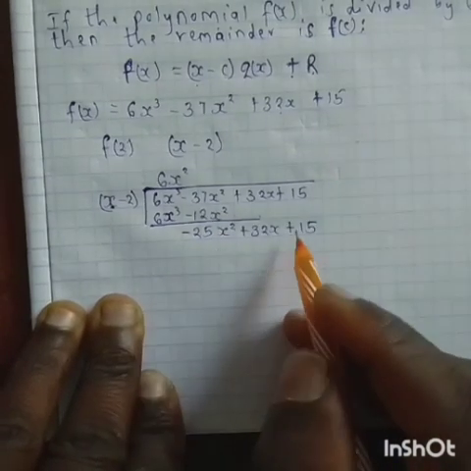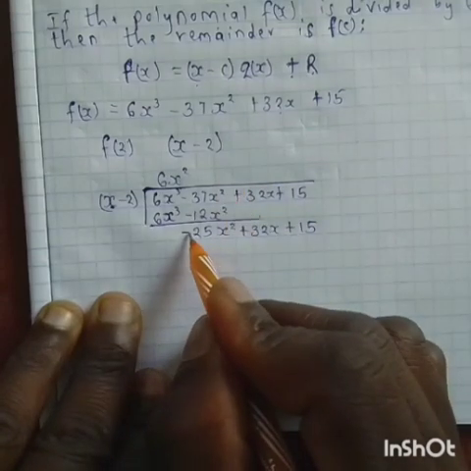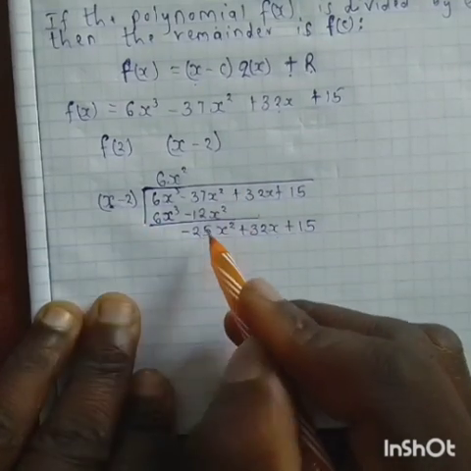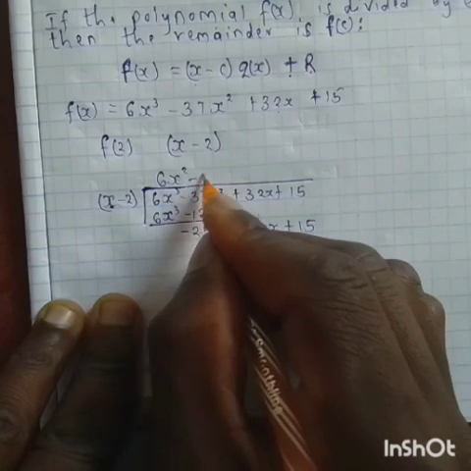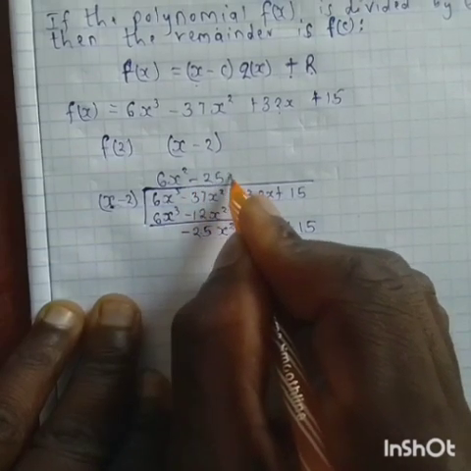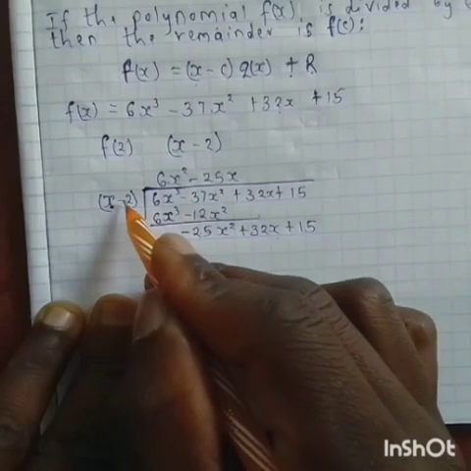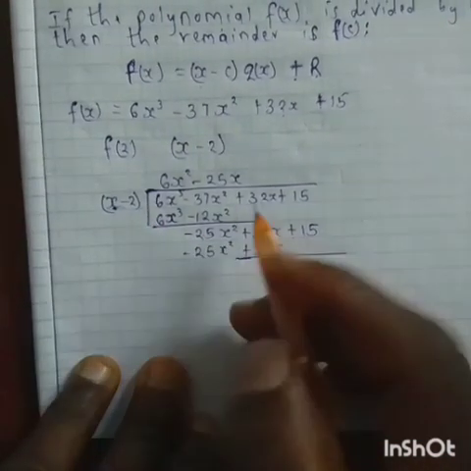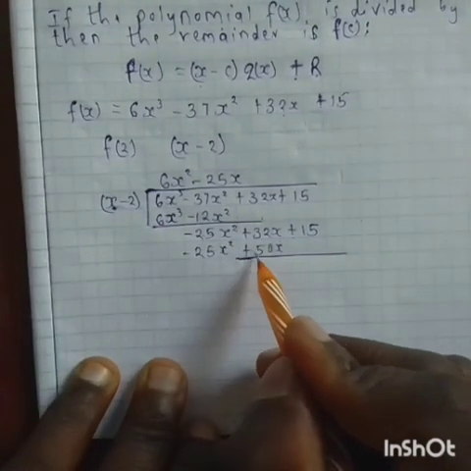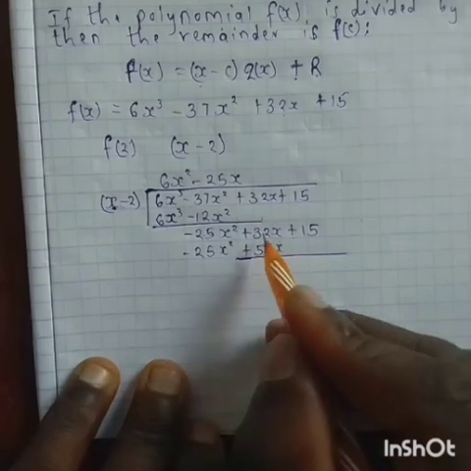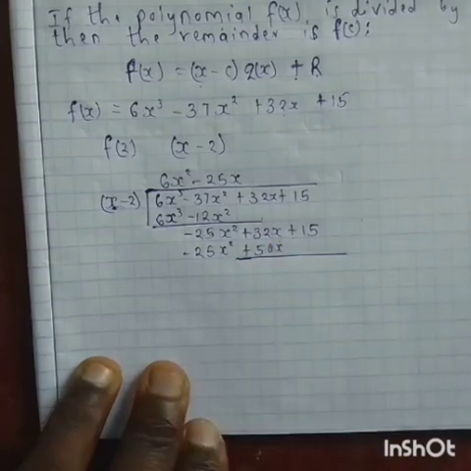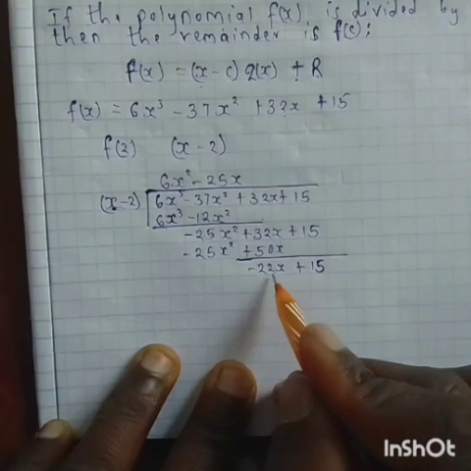This is what we have. Then for us to have this coefficient equal to this, we multiply by minus 25x. If we multiply times x minus 2, we have negative 25x squared plus 50x. If we subtract again, we have negative 22x plus 15.